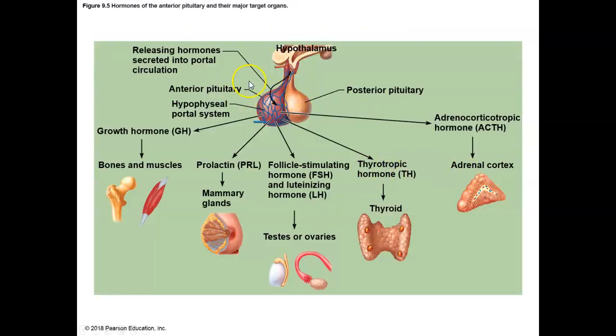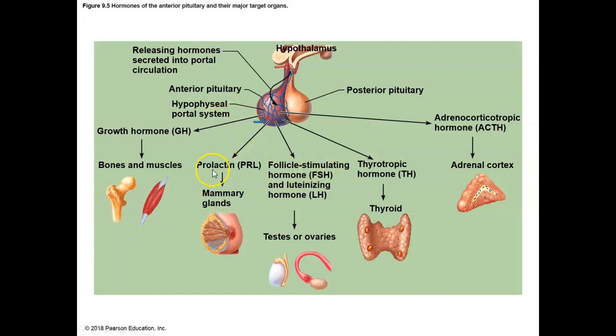And so here you can see the different activities of each of the hormones. So here we have growth hormone, acts on your bones and muscles, stimulates the activity, so stimulates growth and development of the body, all right?